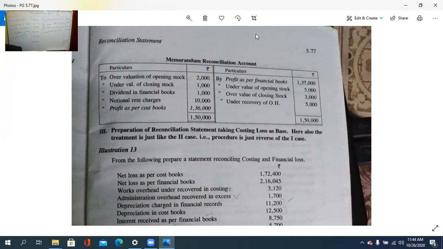So this is the case, and there are two more parts, then we will conclude our cost accounting portions. One is preparation of the reconciliation statement taking costing loss as the base. Now we have done costing profit; next is costing loss and financial loss. After both of those, we will conclude our portion fully, in one more day.